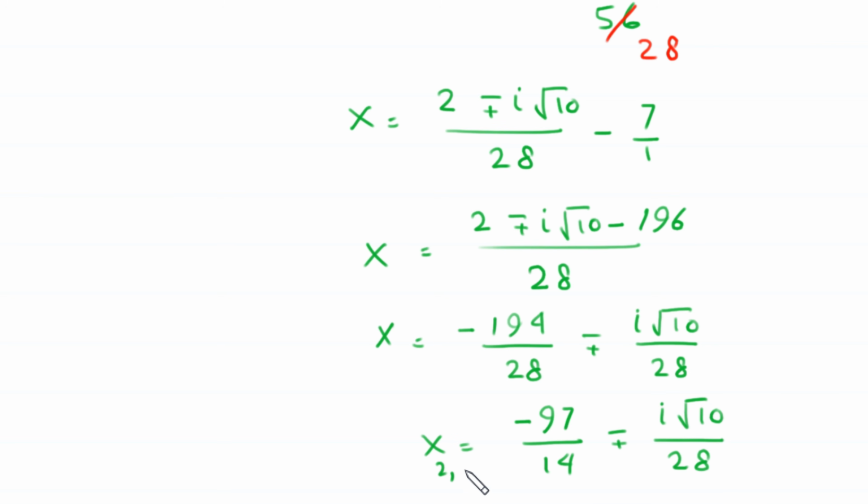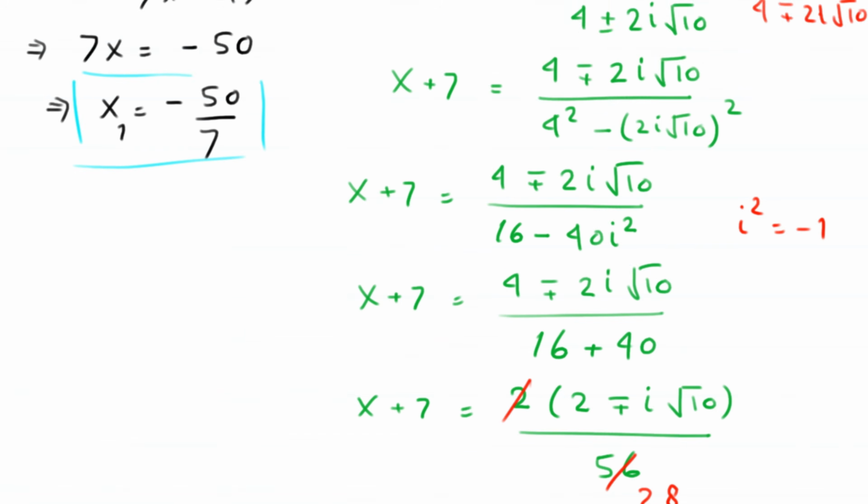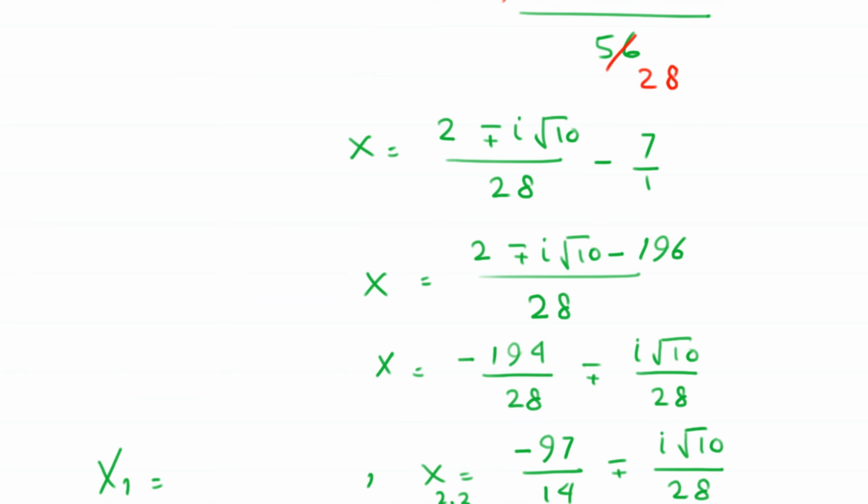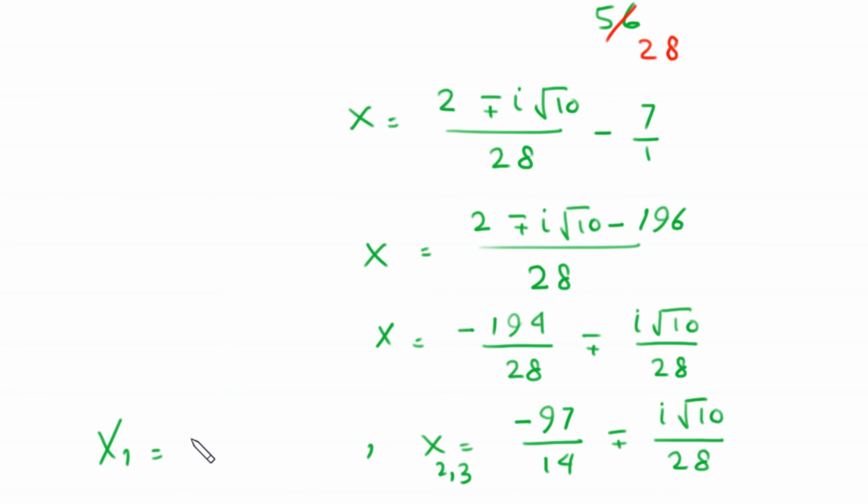This is the second and third value of x, and first we already found that x1 is negative 50 over 7. So we have 3 solutions for this equation.